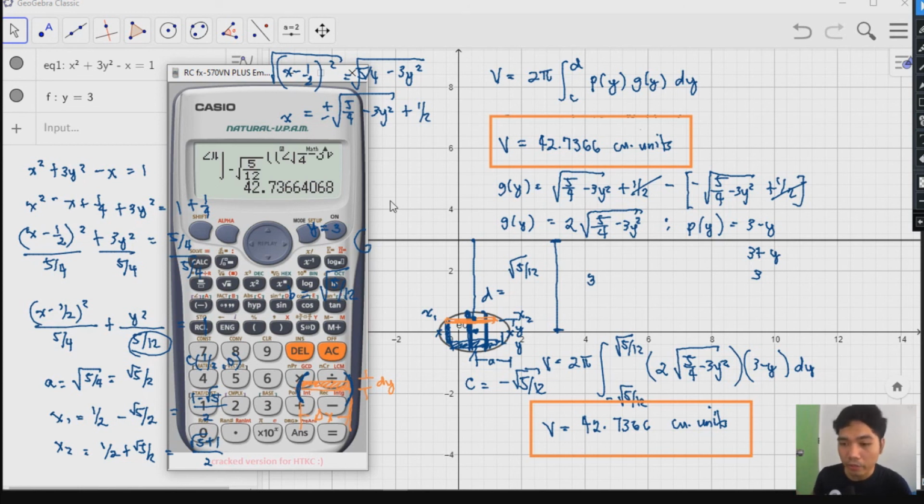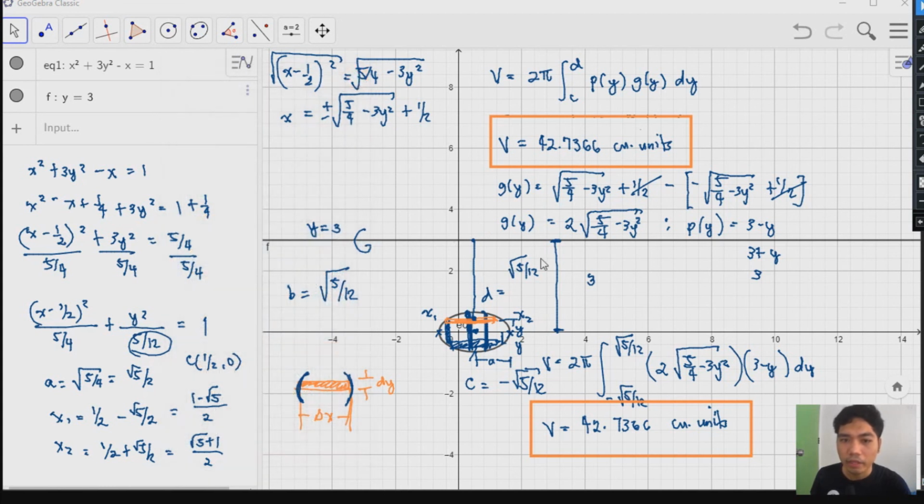So, nakita nyo dyan na even if you have a lot of varying distances from the axis of revolution going to your horizontal strip, that doesn't matter anyway kasi you will still obtain the same volume. Even if you have the exact distance from the geometrical centroid going to the axis of revolution, you will still get the same results.